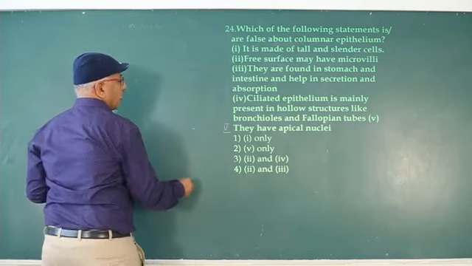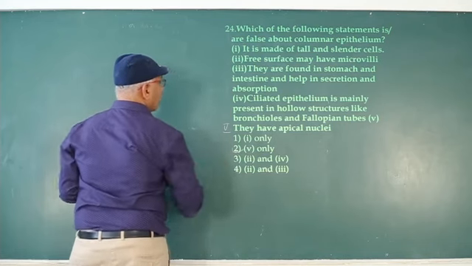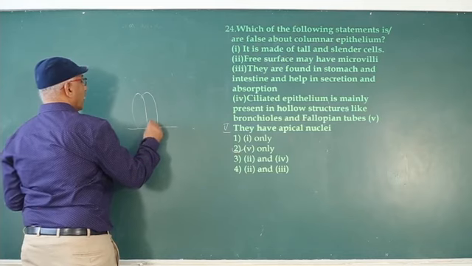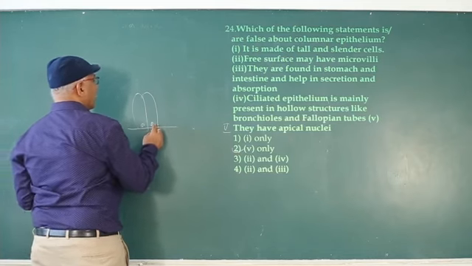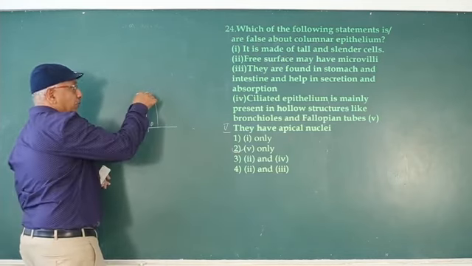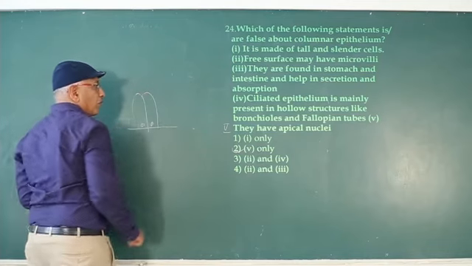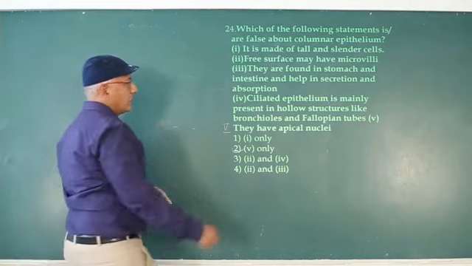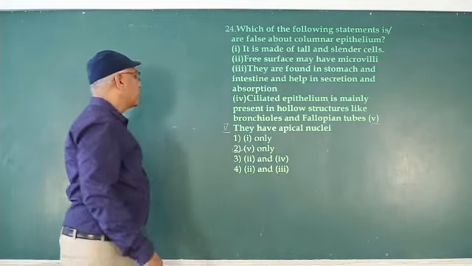It is wrong, only the fifth is wrong. It is a columnar cell, and a columnar cell contains an oval-shaped nucleus at the base. Apical means the terminal part. So the fifth statement is wrong.